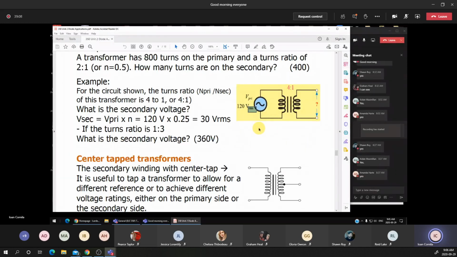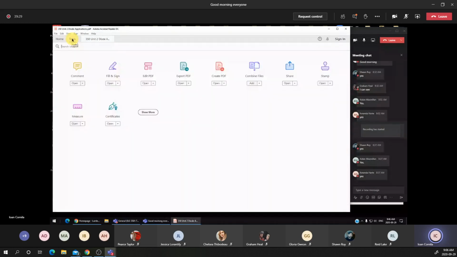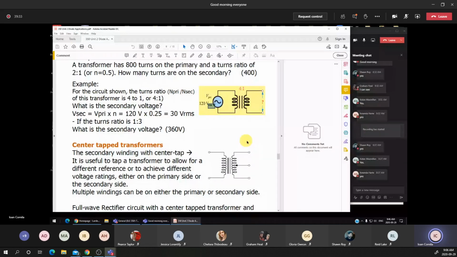Now, the question is, for a full wave rectifier, I'm using 2 diodes and a center tap transformer. Let's see if I can use the tools and commands and make some changes in this diagram.